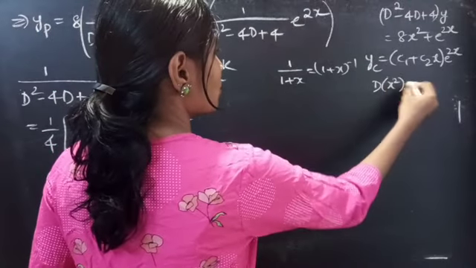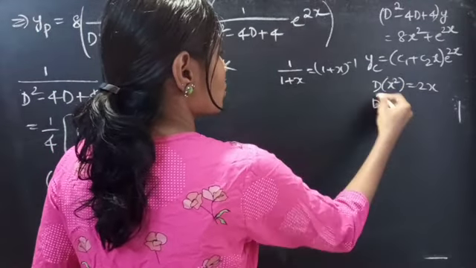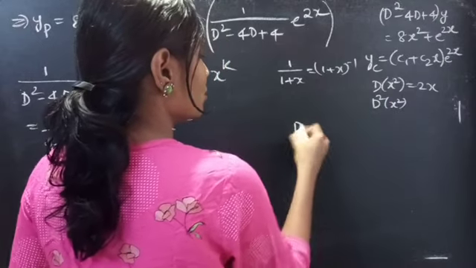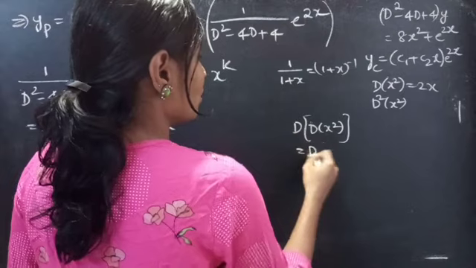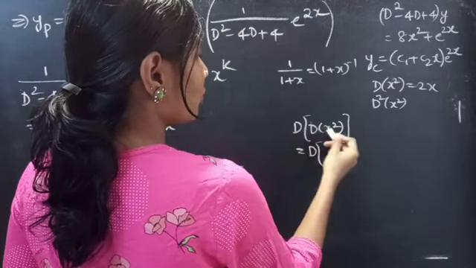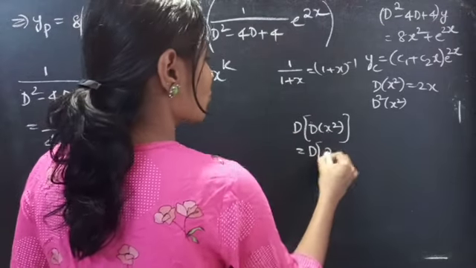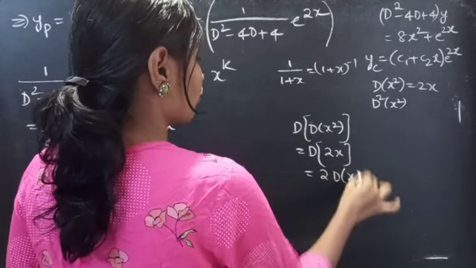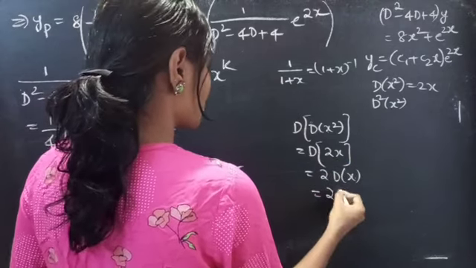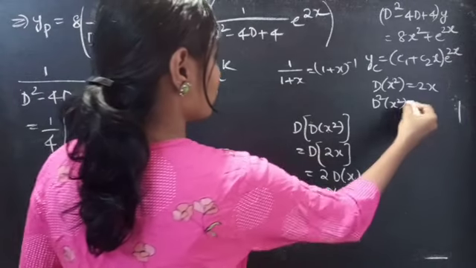Derivative of x square is 2x, and d square of x square is the derivative of that. Then we'll get, already we have the value of d of x square, which is 2x. Now find the derivative of 2x, we'll get 2 into derivative of x. We know that derivative of x with respect to x is 1, so we'll get 2, right?